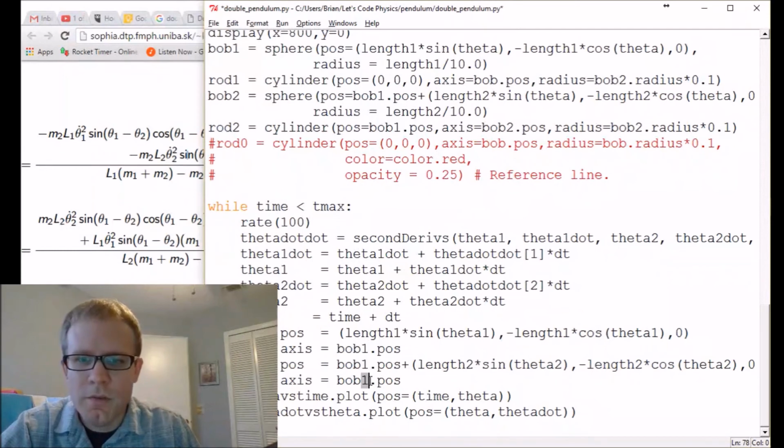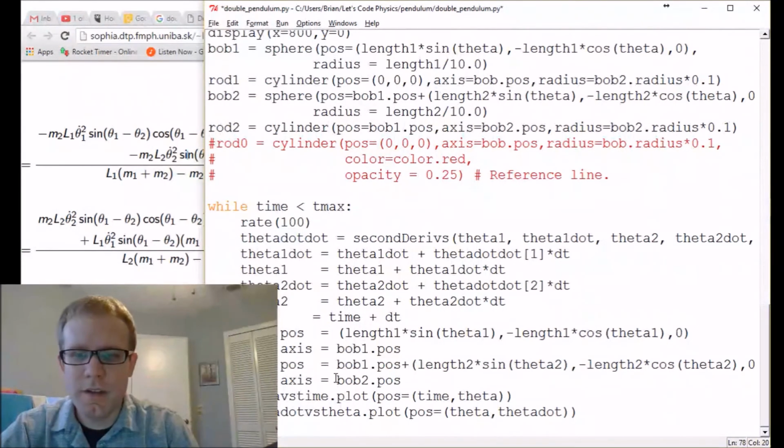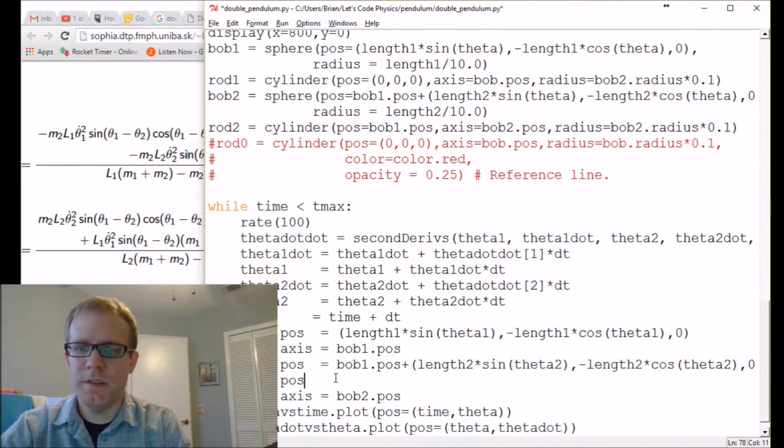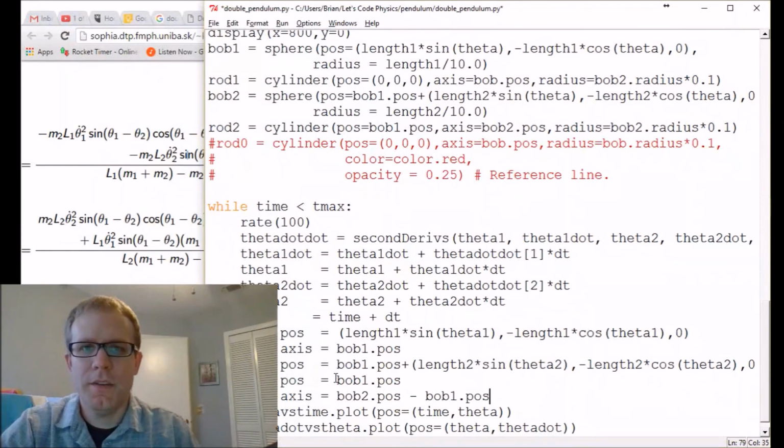Let's see here, Rod 2 dot, I actually need to update Rod 2 dot position to be Bob 1 dot pos, and then I need Rod 2's axis to be Bob 2 dot pos minus Bob 1 dot pos.